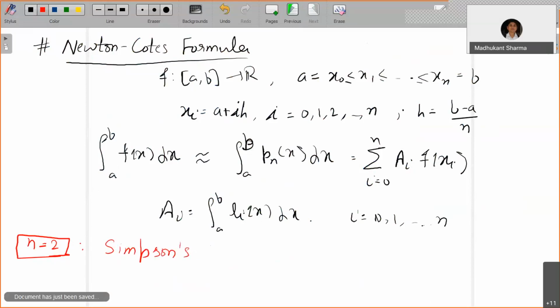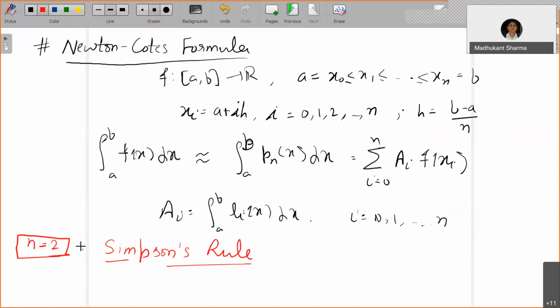Simpson's rule: n equals 2 means you are going to approximate the function by a quadratic polynomial. Earlier, for the trapezoidal rule, you approximated f by a linear polynomial, p1 of x, right? Now here you are going to make the quadratic polynomial approximation.